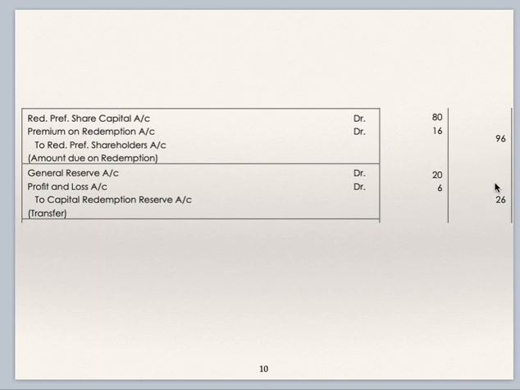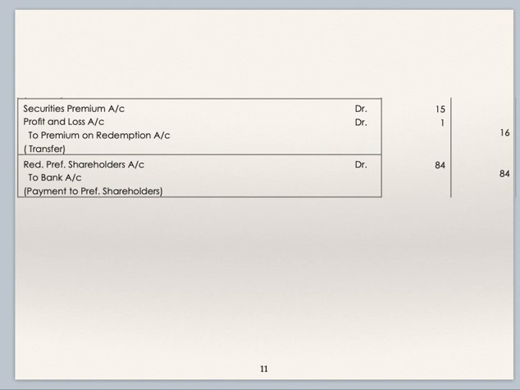Transfer to CRR is 26. General reserve debit 20, profit and loss account debit 6 to capital redemption reserve account 26. Securities premium account debit 15, profit and loss account debit 1 to premium on redemption account 16. Premium on redemption is to be taken from securities premium and balance from profit and loss account.